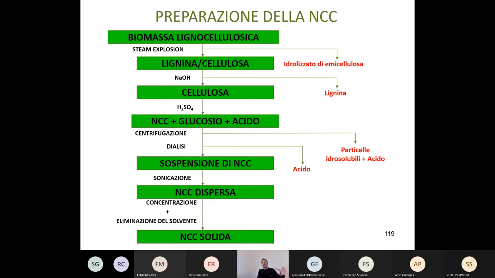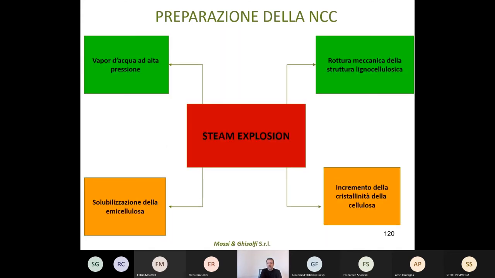That economic value can justify the costs along the pathway. You can see that the first step to extract NCC is the same we have just seen, steam explosion. So you can also think of integrating this pathway into, for example, second generation bioethanol production.